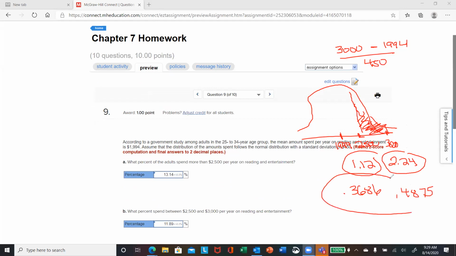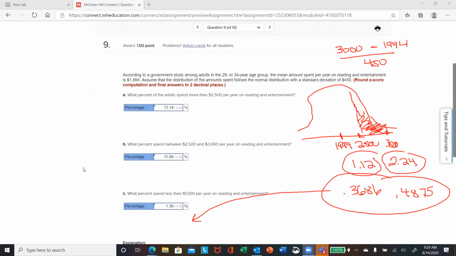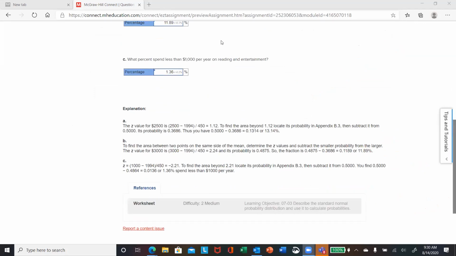And you just take the difference between these two. They show that to you right here in B, just so you see the calculation. 0.4875 minus the 0.3686 gives you 0.1189.